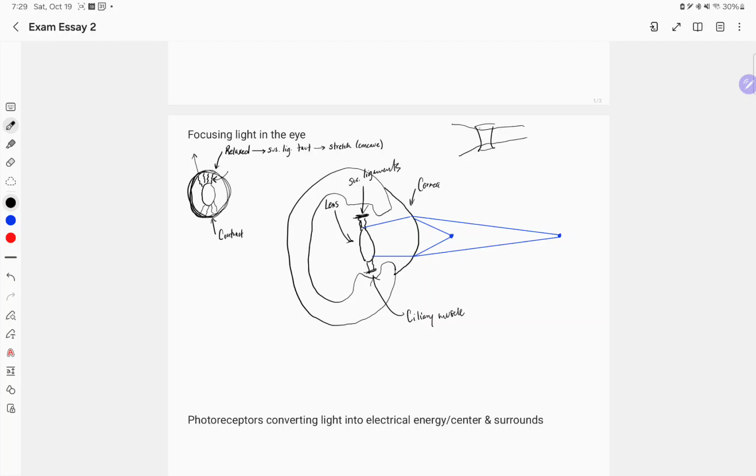So ciliary muscle contracts, suspensory ligament loosens, becomes slack, like in this picture here. And when that happens, our lens is going to be convex. It's going to kind of bulge out, I guess you would say.